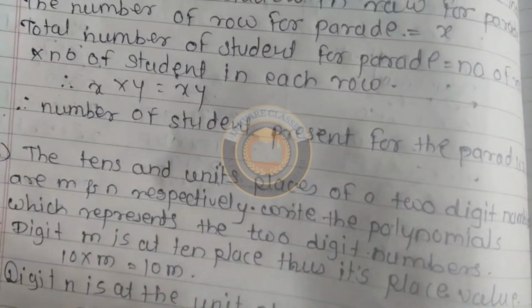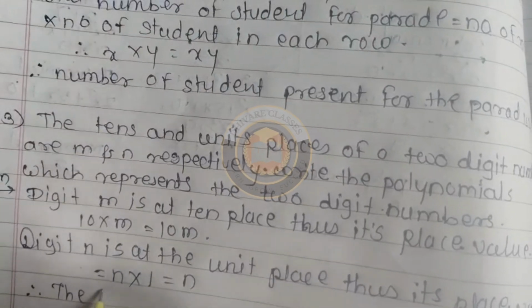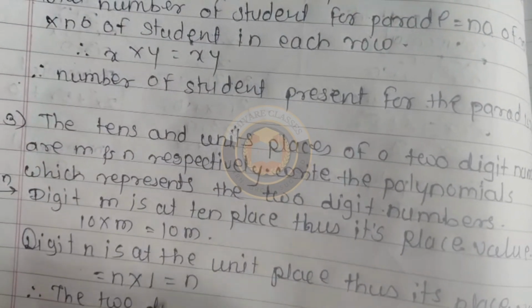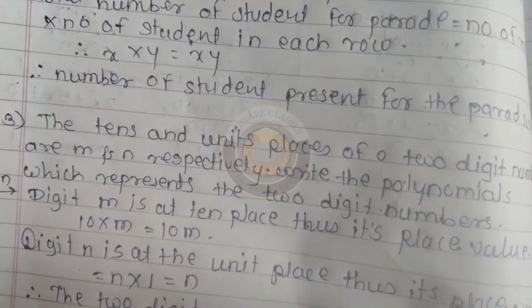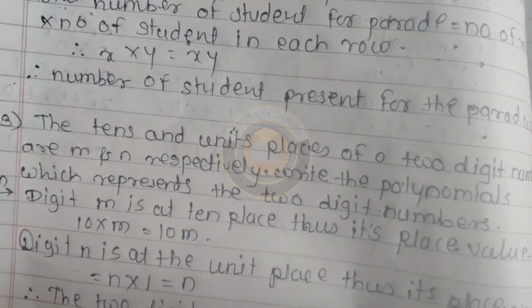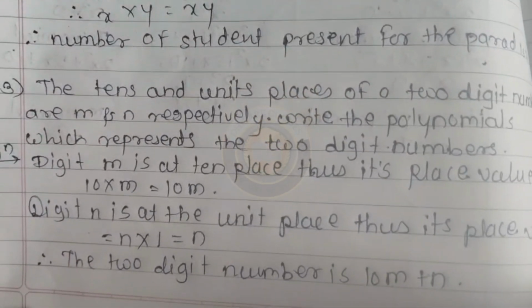Therefore the two-digit number is 10m plus n. Okay, understood by everyone?